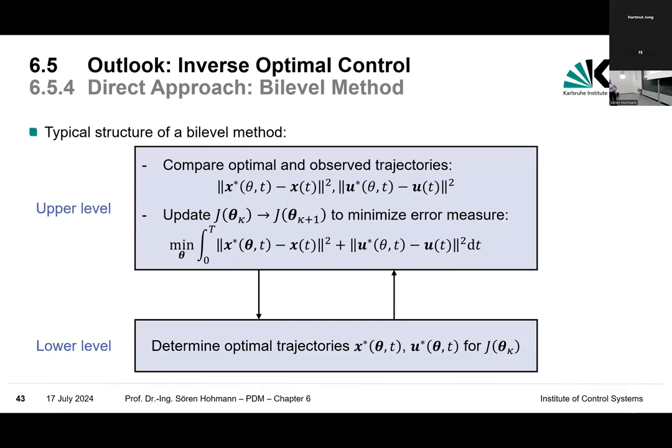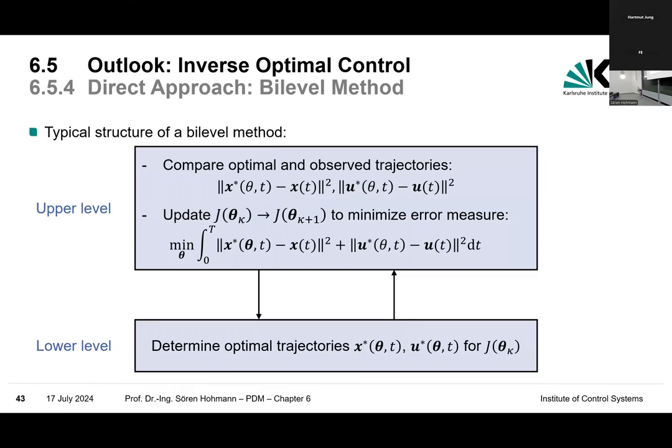We suppose you are able to compare the optimal trajectory produced by an optimization with the measured trajectories. Then we can do the following. You can use an objective function which is parameterized.